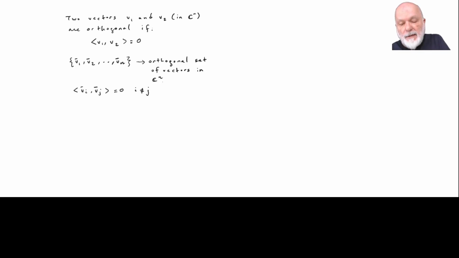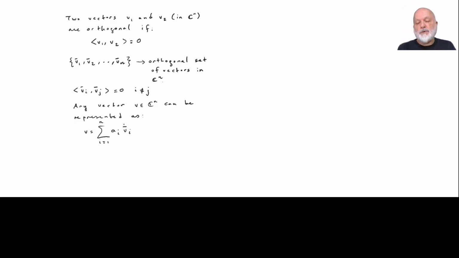Now, any vector v in Cn can be represented as v equal to the sum over i from 1 to n of ai vi bar.